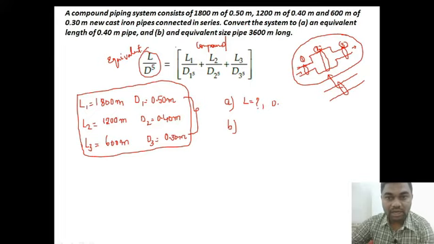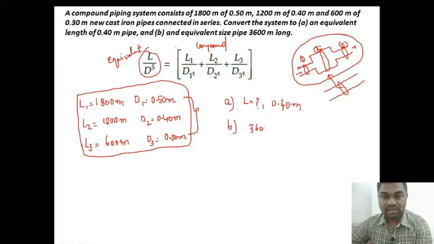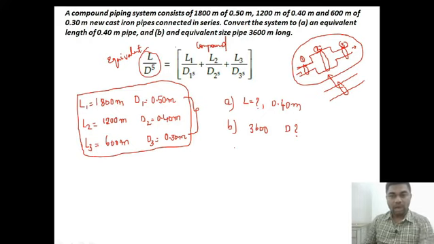In case A, the length is given as 3600, and we need to find the diameter of the equivalent pipe. So let us start with case A.